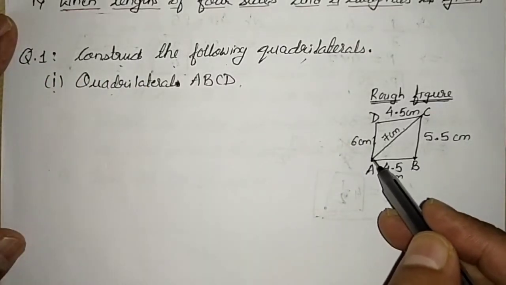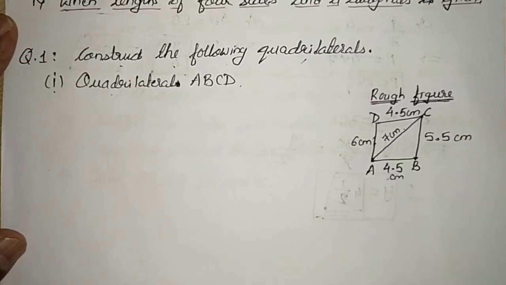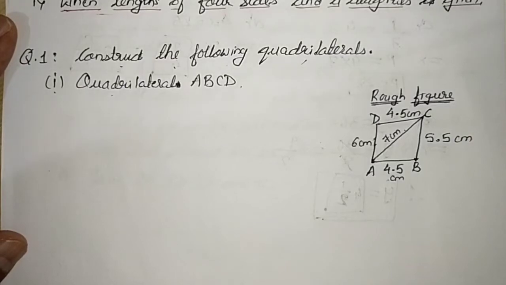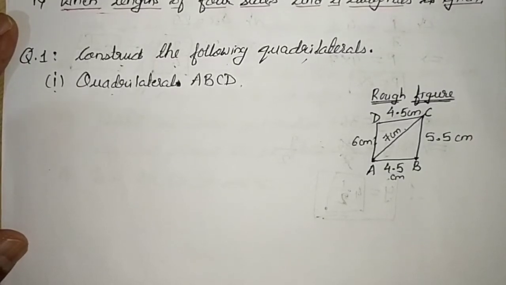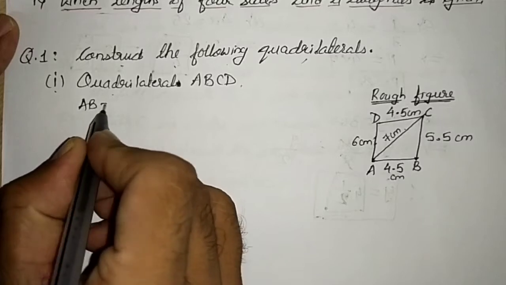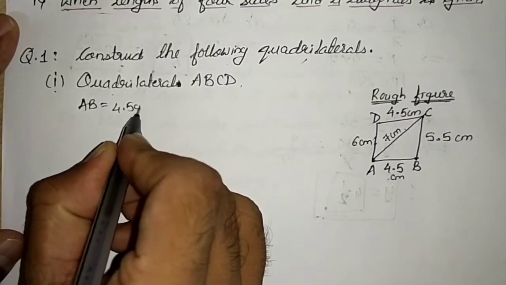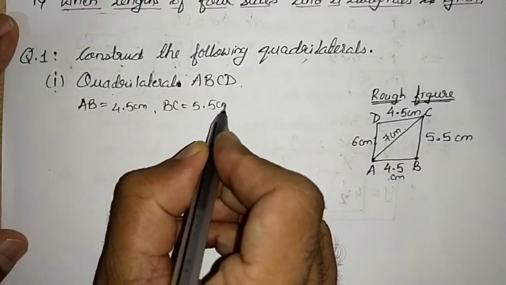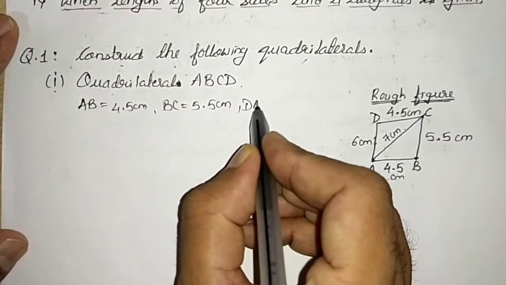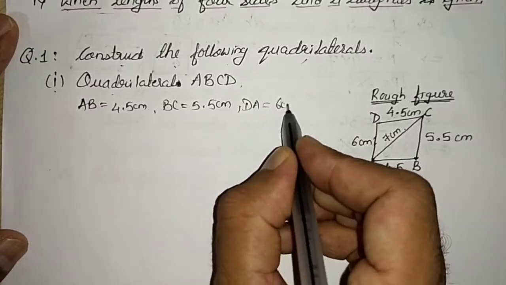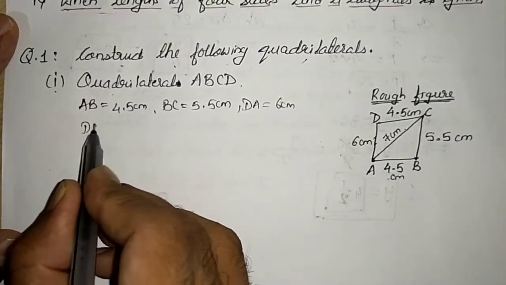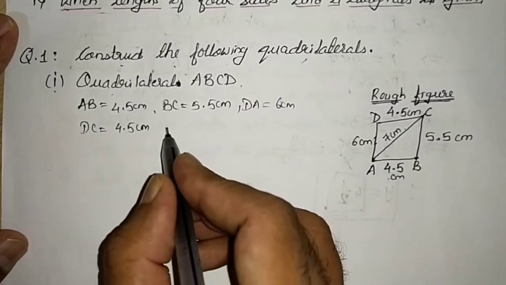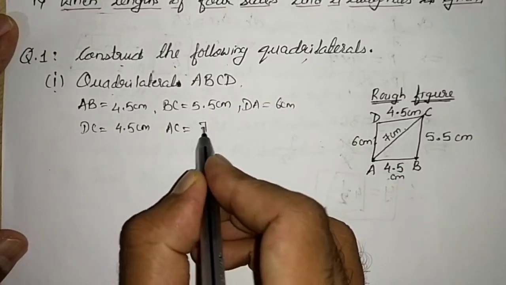I have already done ABCD, and also they have given us the measurement of this quadrilateral. AB is equal to 4.5 centimeter, BC is equal to 5.5 centimeter, DA is equal to 6 centimeter, DC is equal to 4.5 centimeter, and diagonal AC is equal to 7 centimeter.